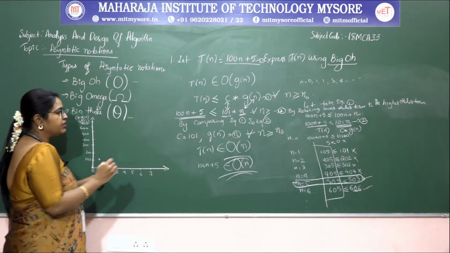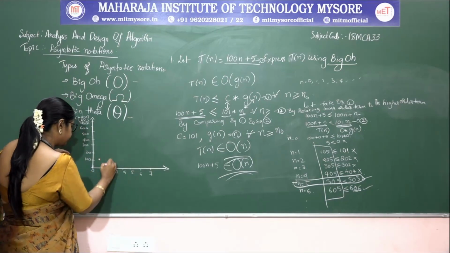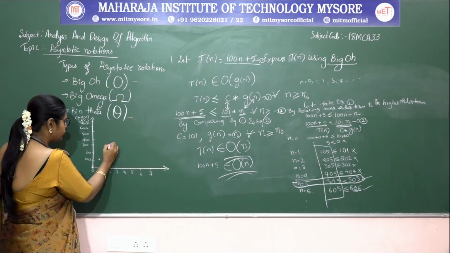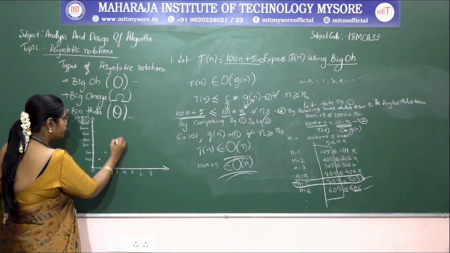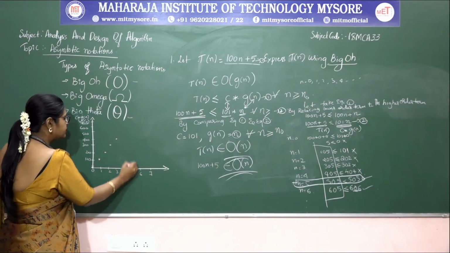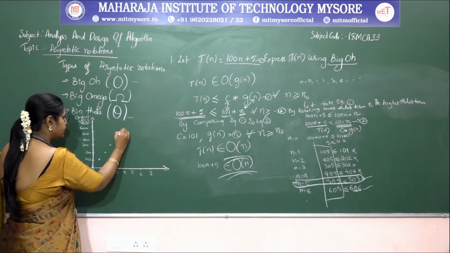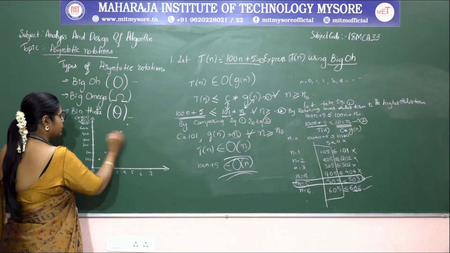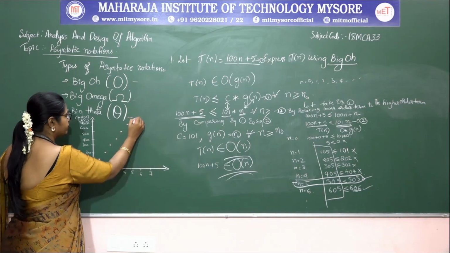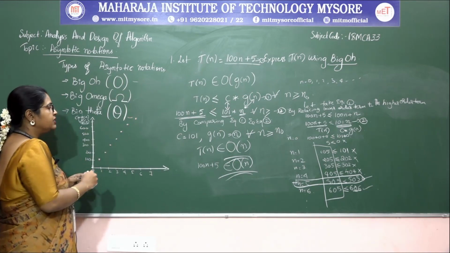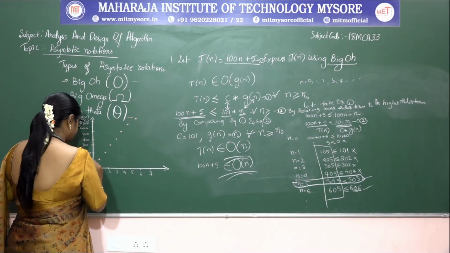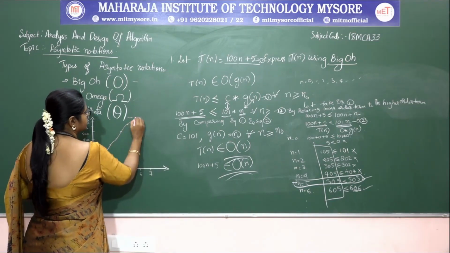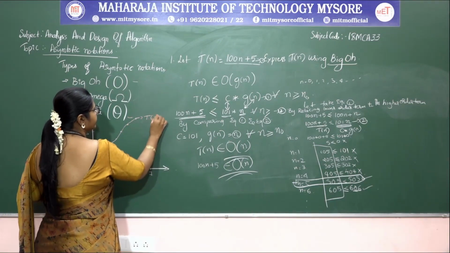Next, when n is equal to 2, 205. When n is equal to 3, 305. When n is equal to 4, 405. When n is equal to 5, 505. When n is equal to 6, 605. When n is equal to 7, 705. This is your T of n curve.